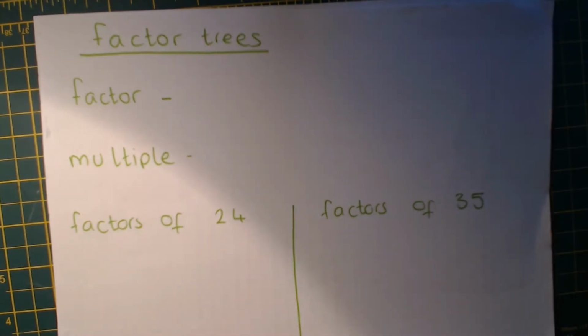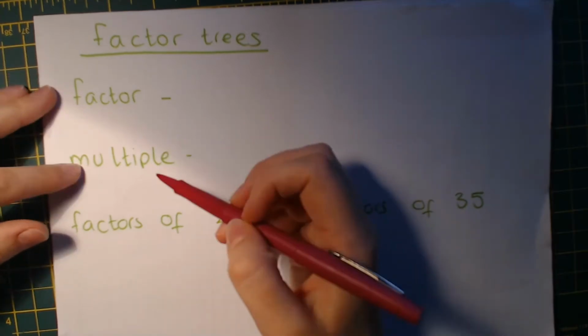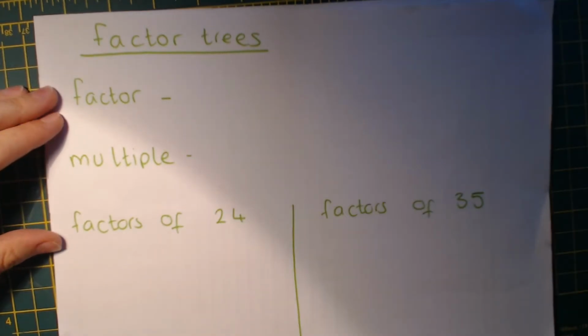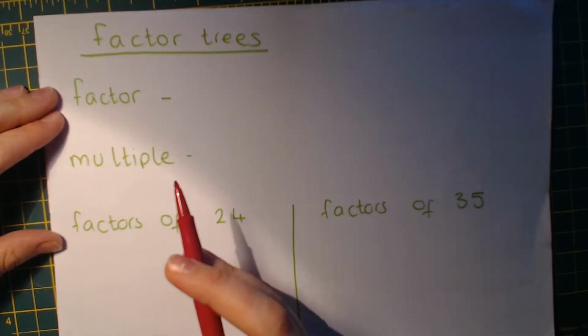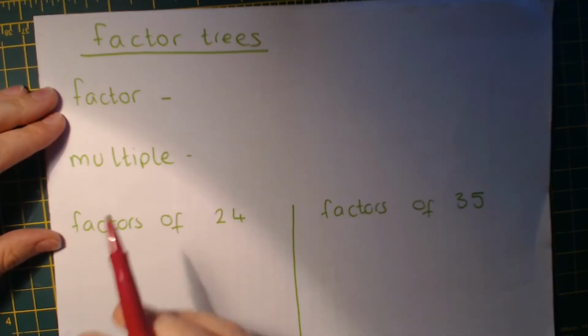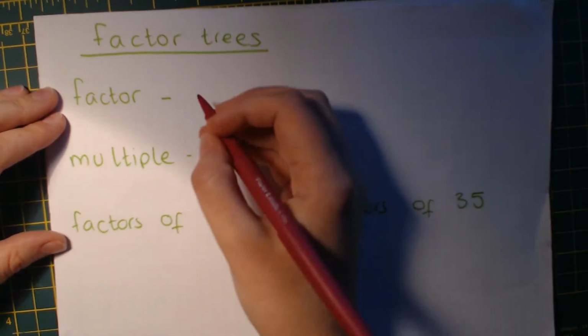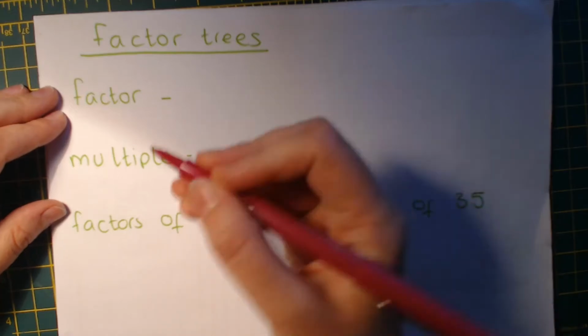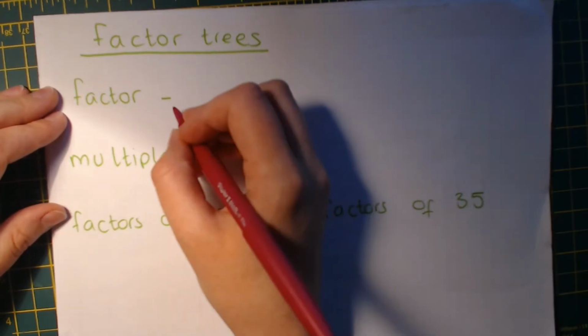Okay. So the first thing we have to remember, and I'd take a note of these in your book, okay, a factor is a number, now this is the nicest way of saying it, a number that goes into another number. I'm going to write it like that, but if you want to use different words, that's absolutely fine.